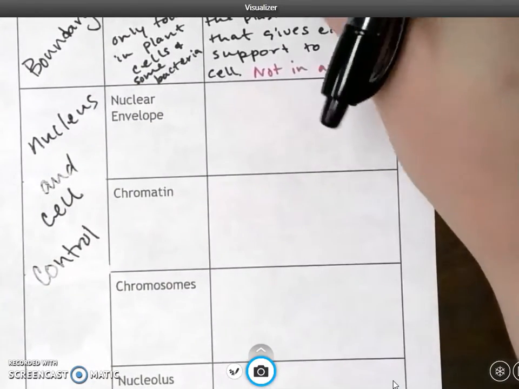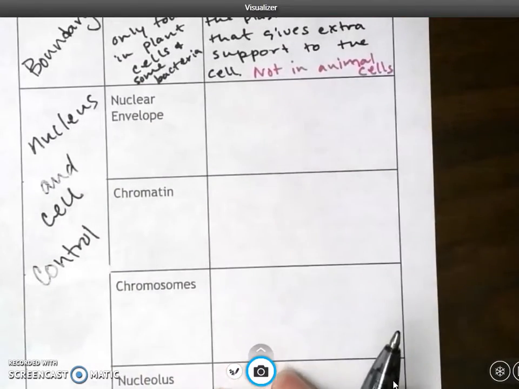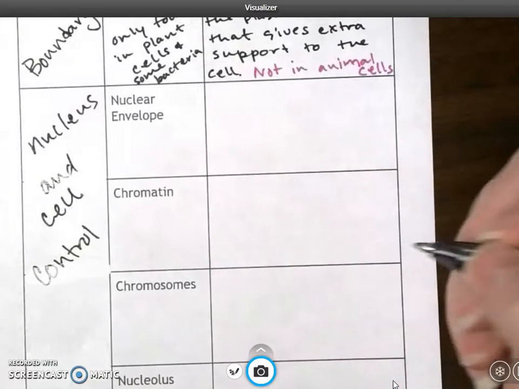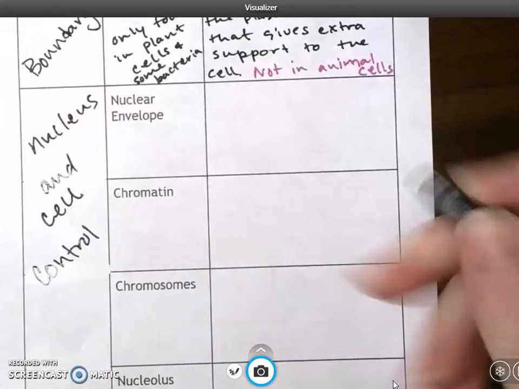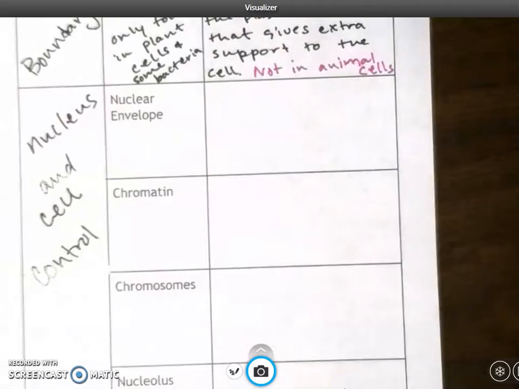Now we're going to go into the description of each of them. So starting with the nuclear envelope, hold on, I think we're missing one, guys. We'll add it at the bottom.